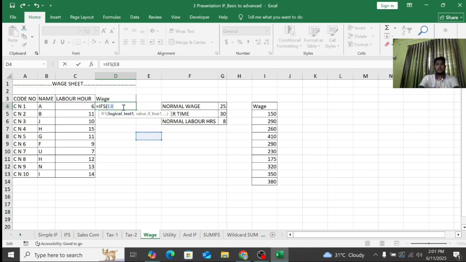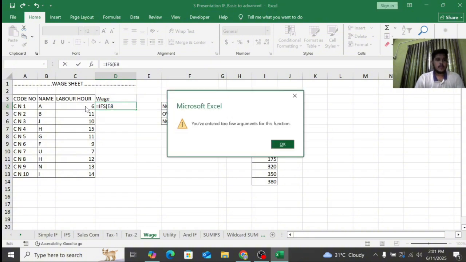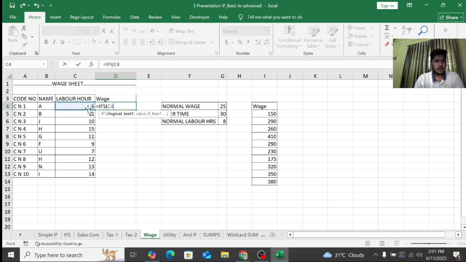For this we have to go to labor hours. If our labor hour is less than or equal to this one, we can make it constant.